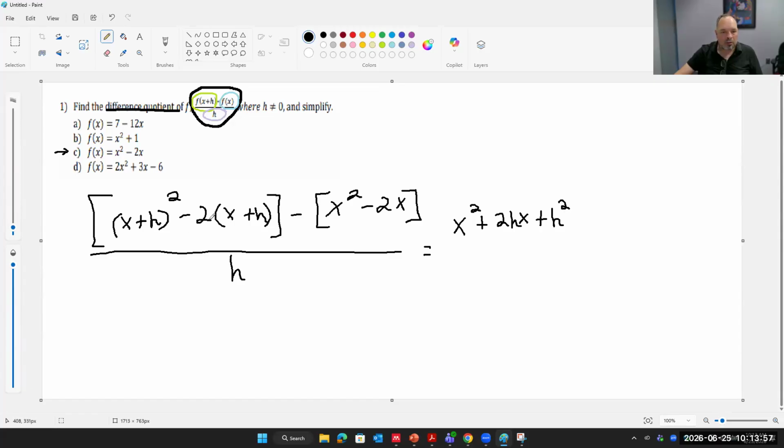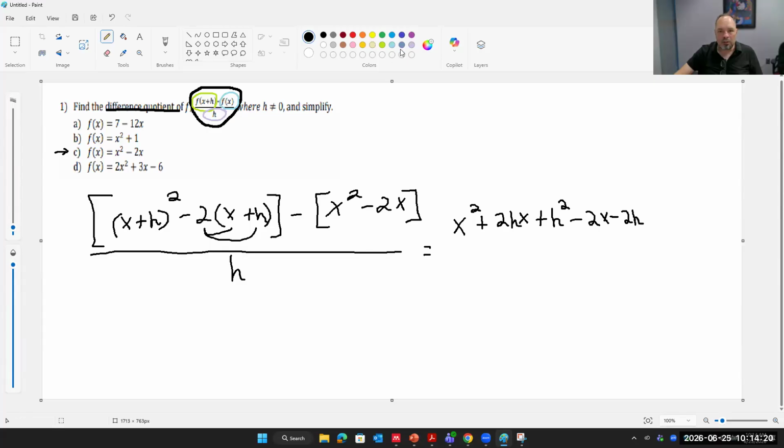Now I'm going to distribute the 2 and then at the same time distribute the minus sign. So I've got minus 2x minus 2h.